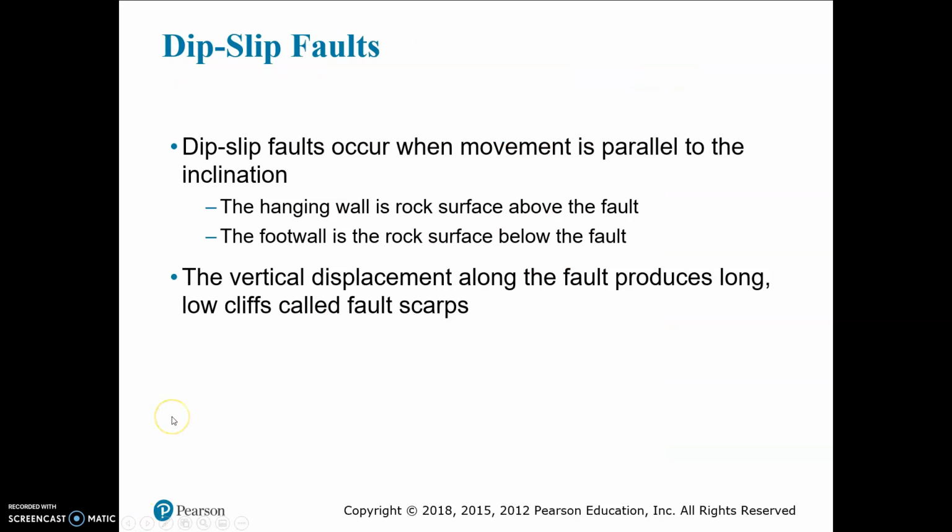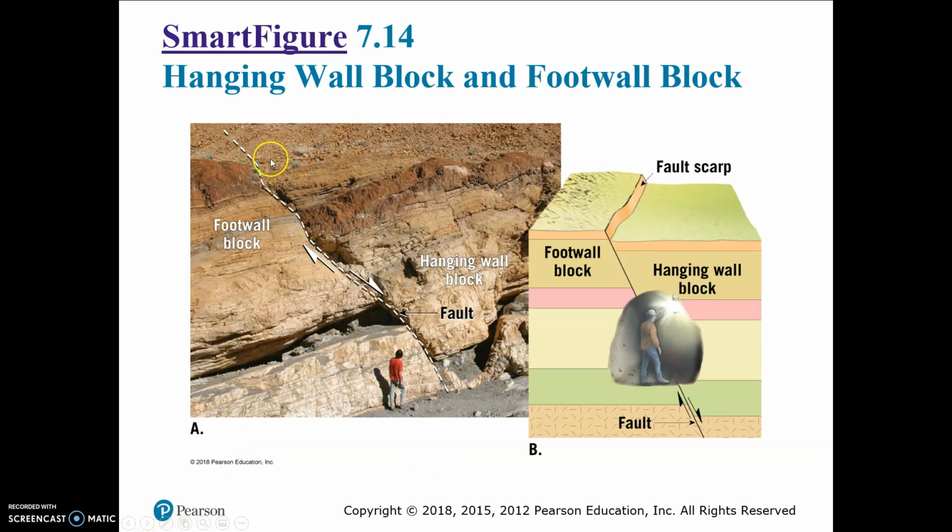We can have different types of faults. We can have dip-slip faults when the movement is parallel to the incline, and we get what are called fault scarps as a result of this because of the vertical displacement. So here's our footwall block. This one has been shifted upward. Here's our hanging wall block.